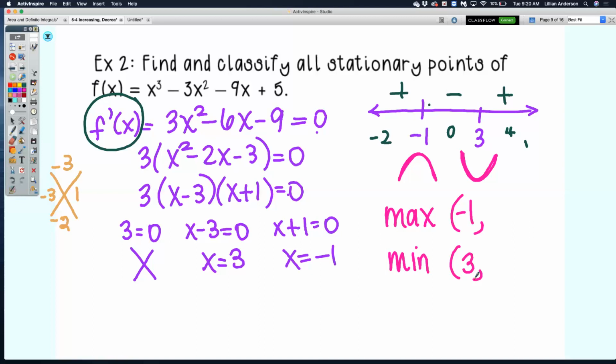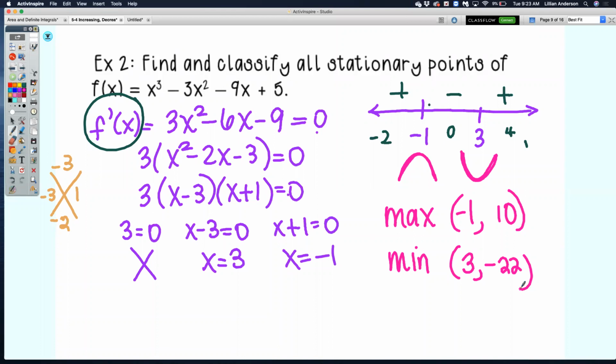So plug -1 into the original, plug 3 into the original. Remember, anytime we're looking for a y coordinate, we always plug it into the original. So when we plug -1 in, we get +10. And when we plugged in 3, we got -22. So these are the coordinates of your maximum and your minimum.